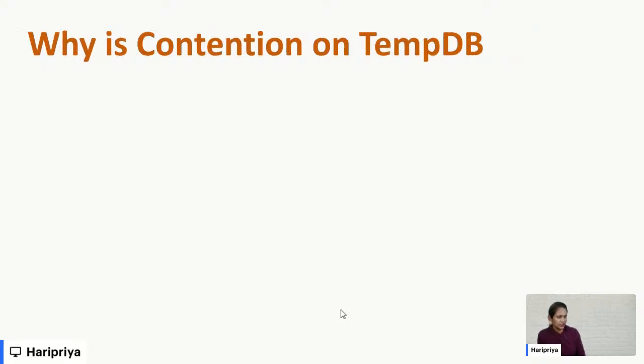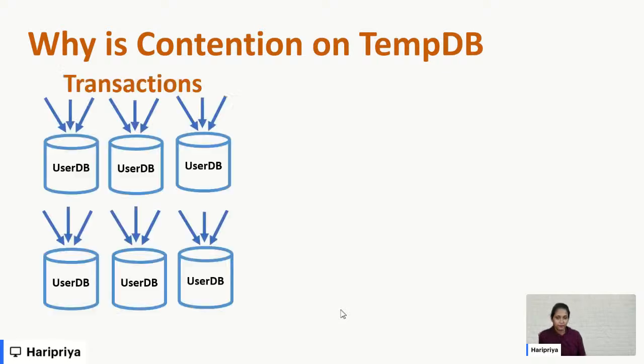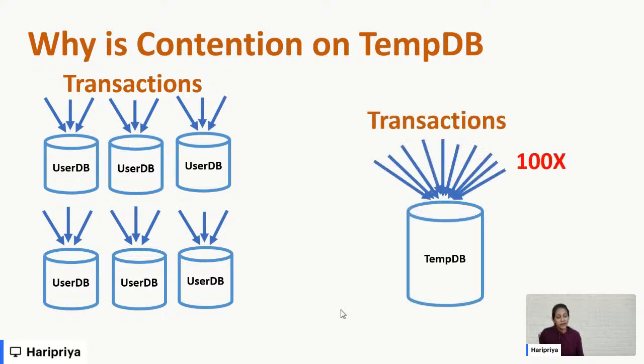So why are we talking about TempDB? If you take any SQL Server instance, you have multiple user databases, and connections pertaining to a user database just run on it. Inserts, updates, and deletes on a user table just run on that user database. But with TempDB, any user connection that has temp table operations, table variables, sorting, hashing, online index operations, or uses read committed snapshot isolation level will use TempDB, coming from any database.